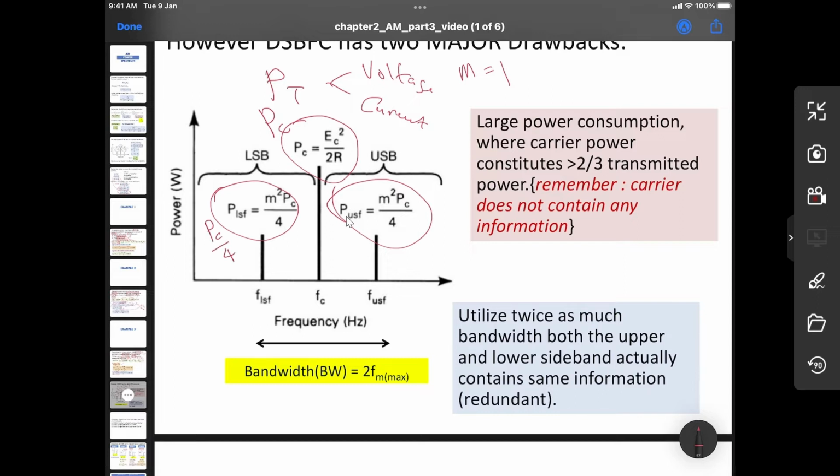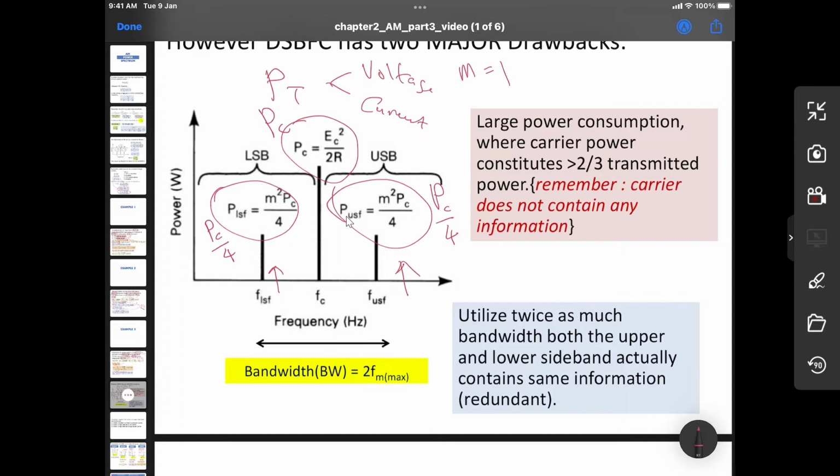And at the upper sideband also PC over 4, right? So meaning that here, the total power actually is dependent on your carrier, but the carrier doesn't have the information. The information is carried by the lower sideband and upper sideband.